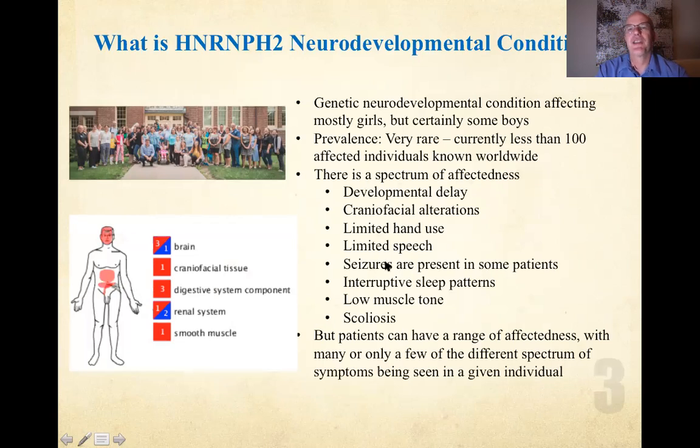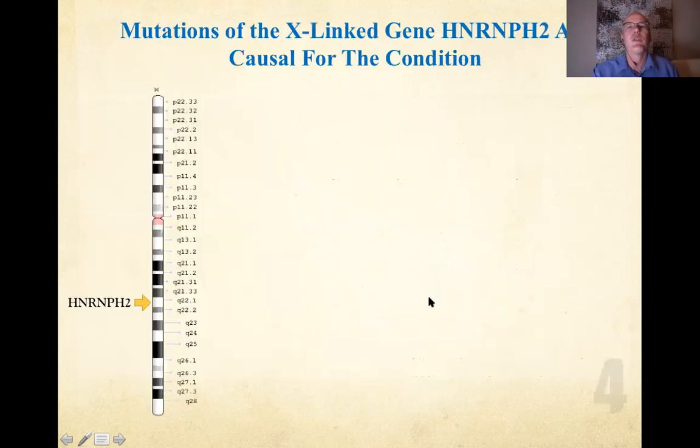In some patients, seizures have been identified, poor general sleep patterns and hypotonia and perhaps bone abnormalities have all been identified in different patients. But patients do have a range of affectedness, and many or only a few of these different individual phenotypes may be present in any one given individual.